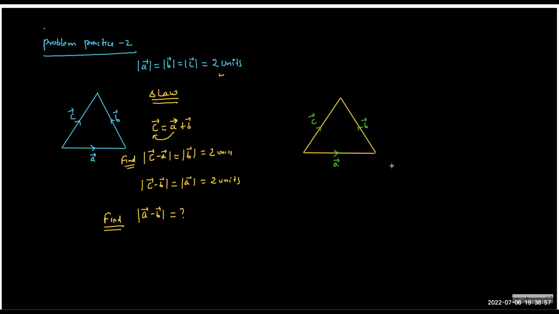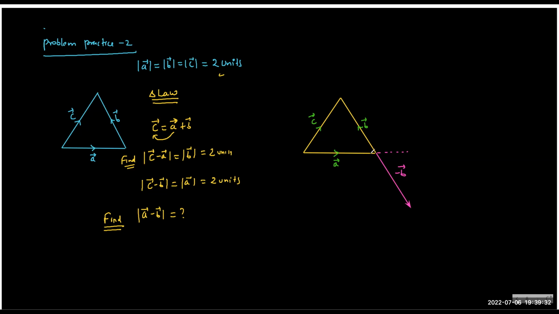So the minus B vector will be like this, the opposite of B. And now you can say A, is the answer root 12 units? Root 12, no? Root of 12, right? Yeah, root of 12. That's the right answer.